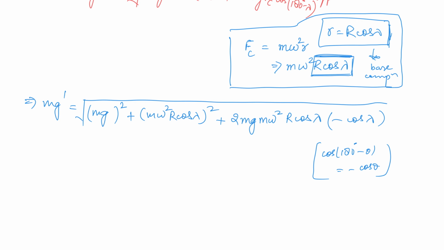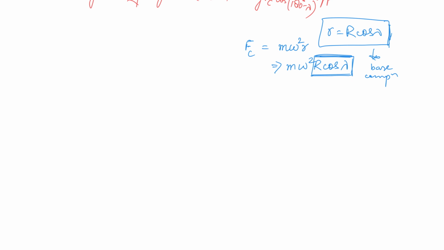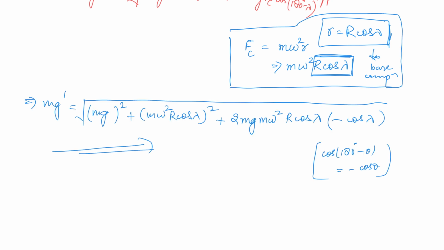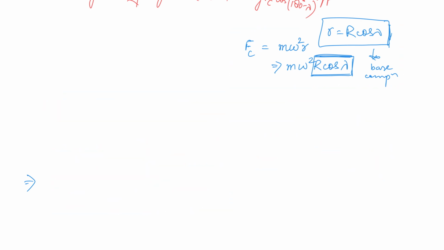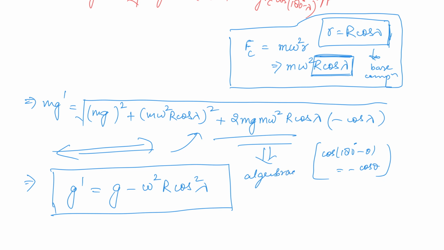Now, if we solve this, we will get g dash equals g minus omega square r cos square lambda. So it will convert into an algebraic expression of a minus b whole square.